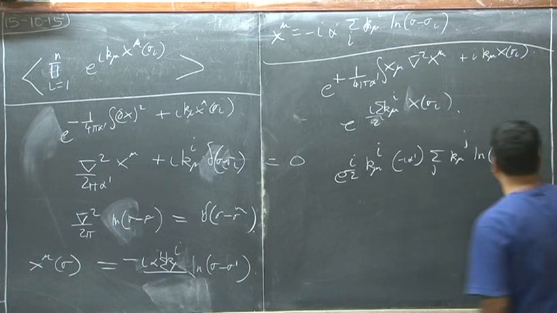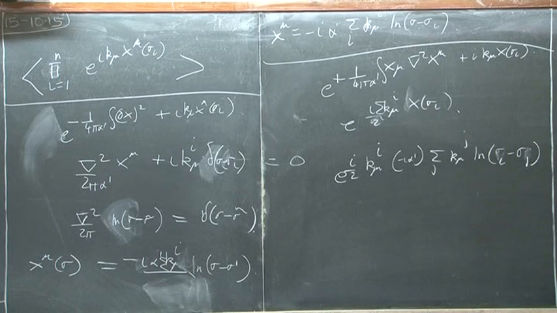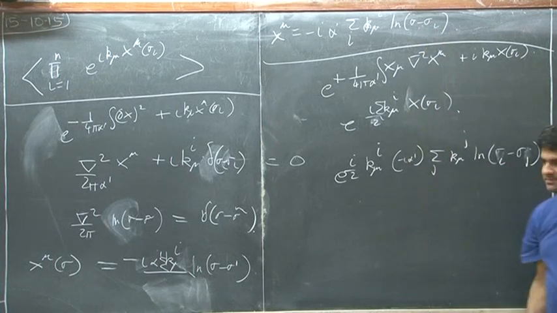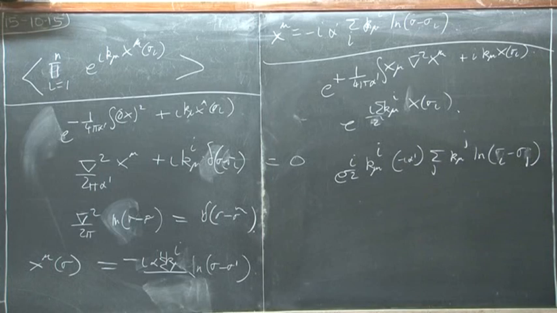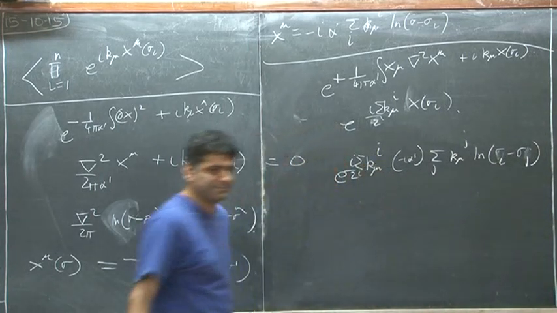Okay, so x of sigma i is this formula. Is this clear? And this whole thing was always summed over sigma i over i.